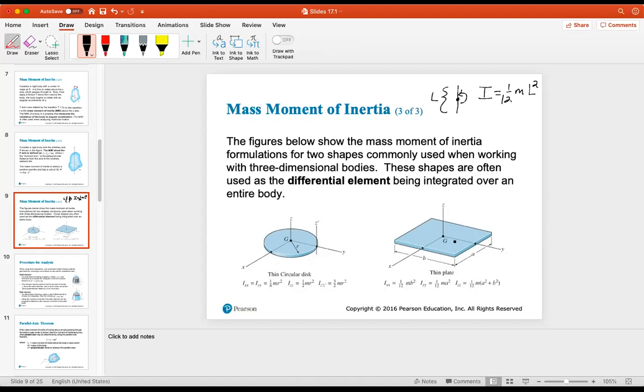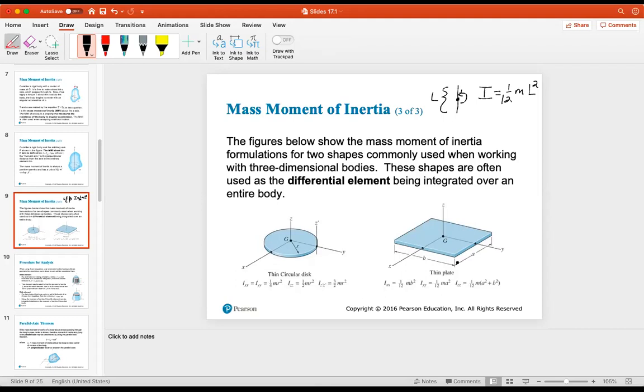All right, and you can see that popping out of this rectangular example. If you look at this sheet and imagine you rotate it about the x-axis, it's going to be 1/12 the mass times the width, because it's a 2D shape as opposed to just a rod, which is a 1D shape, but it'd be the width perpendicular to that axis.